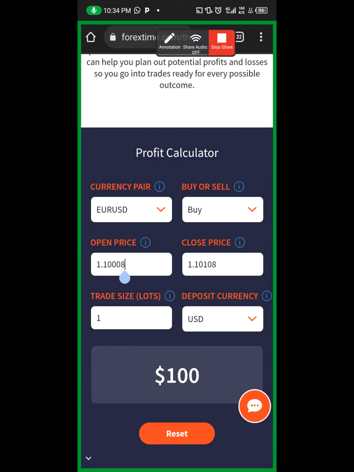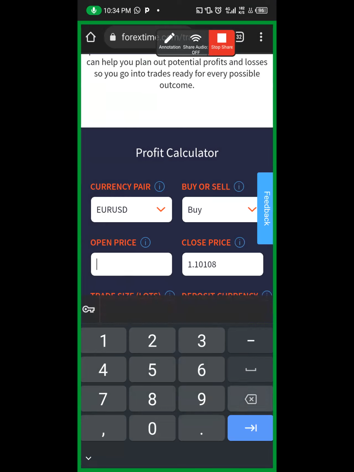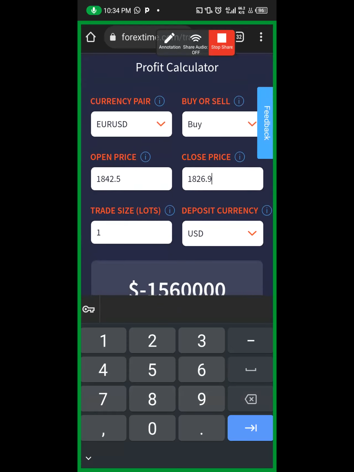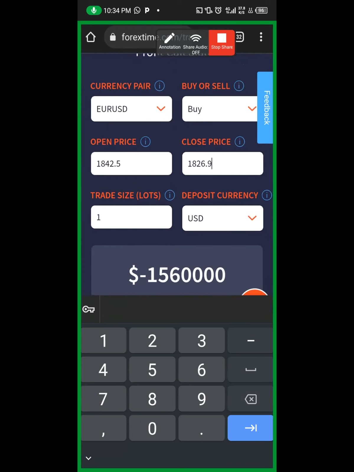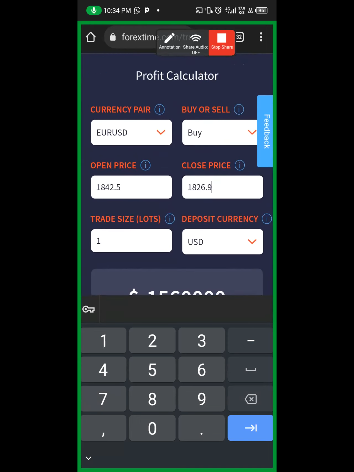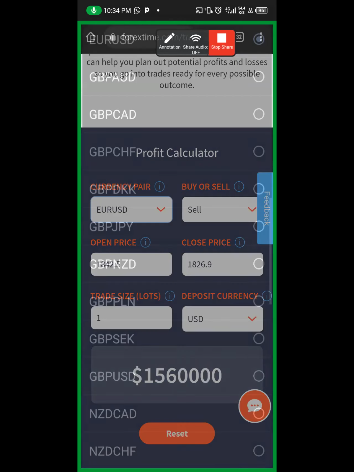from open price. Sorry, open price is 1842.5 and close price is 1826.9. Okay. Lot size, I hope I'm right on this one. Okay, sorry, sell.